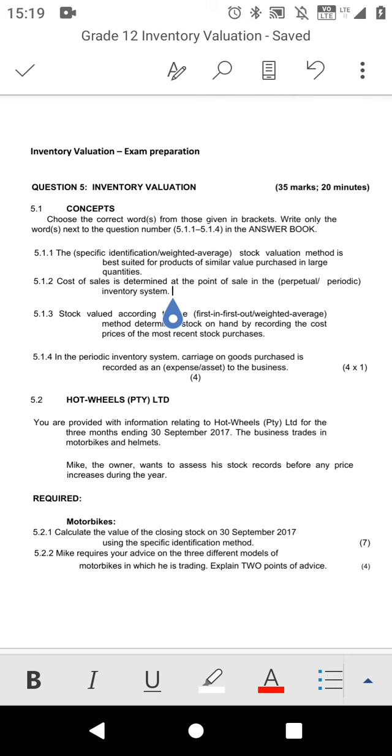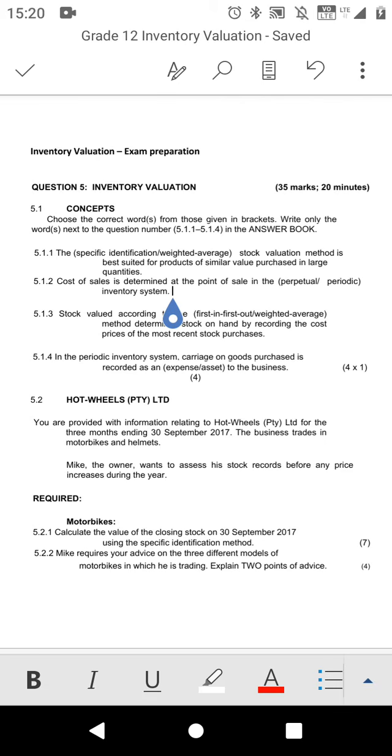When we calculate using this method, we have to use that actual price of 10,000 when we calculate the closing inventory of TV number 1. When we go to TV number 2, we have to use the actual price of 12,000.